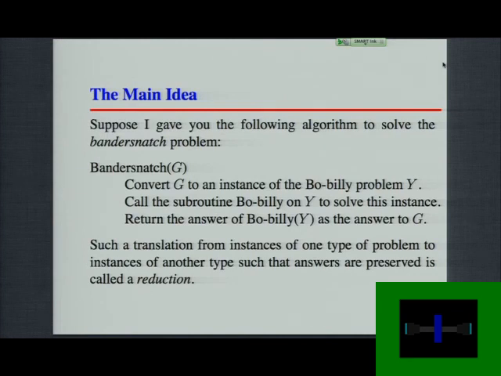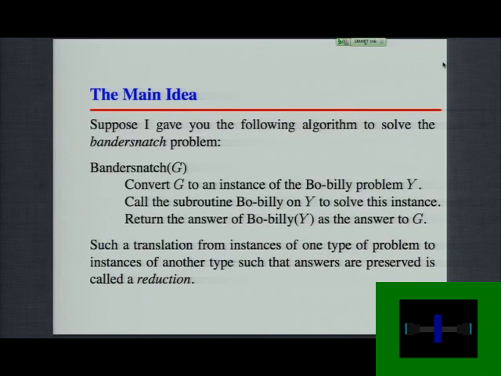Okay? Any questions? Normally, as algorithm designers, we are looking to solve Bandersnatch by translating it to a problem we can solve fast. For the purposes of proving hardness, what we're going to try to do is take a problem we know is hard, and figure out how to solve it using the problem we don't know about.